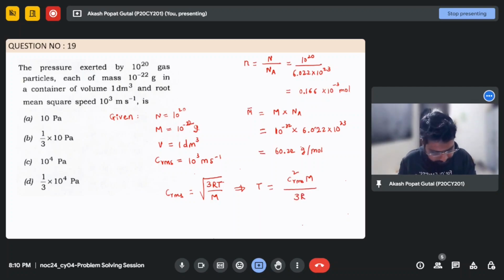C_RMS is given as 10 raised to 3, squared, into the mass. Since C_RMS is in meter per second in SI, we also keep the molar mass in kg per mole. So this will be 60.22 into 10 raised to minus 3 kilogram per mole. We keep it in SI units.